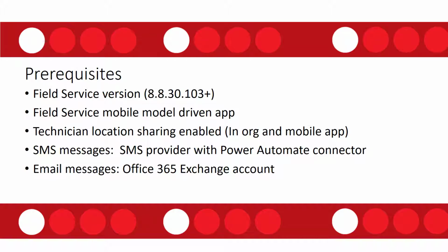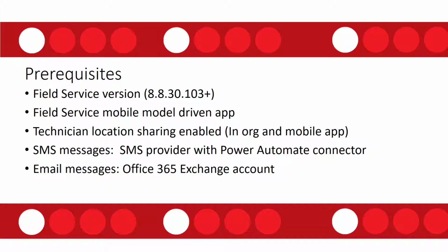Then obviously you need to use the field service model driven app. This is not going to work with the Xamarin app. And you also need to make sure that on that mobile device, when you're in that field service mobile model driven app, you actually have location sharing enabled in there as well.